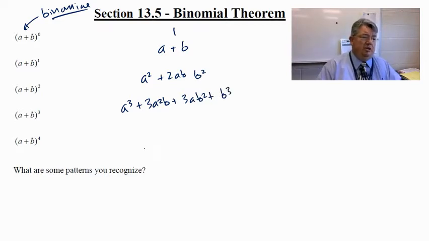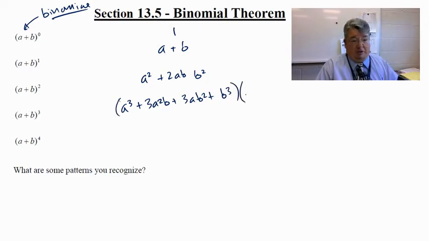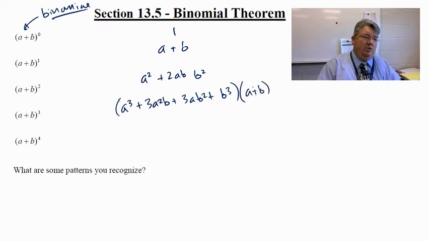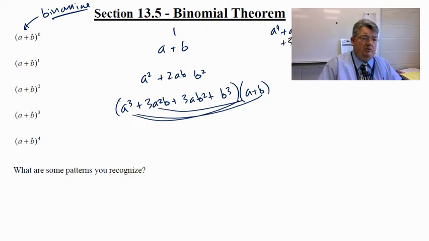What about a plus b to the fourth? Wow, yuck. Okay, times a plus b. A cubed times a, that's a to the fourth. A cubed times b, that's a cubed b. Okay, 3a squared b times a. So I did that times both of them. 3a squared b times a is positive 3a cubed b. 3a squared b times b is plus 3a squared b squared.